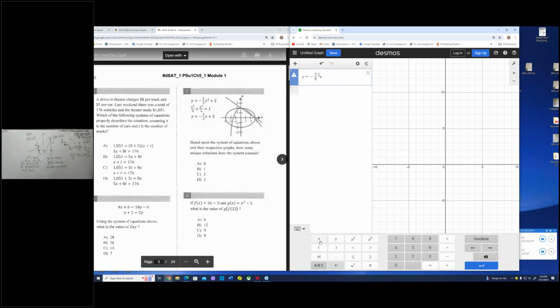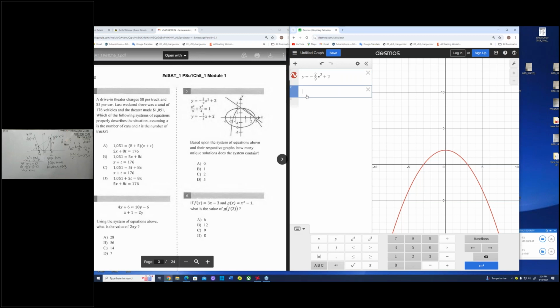Let me try this one. And plus 2. Good. The next one. You see some stuff every time they give it. Try to get rid of this somehow.